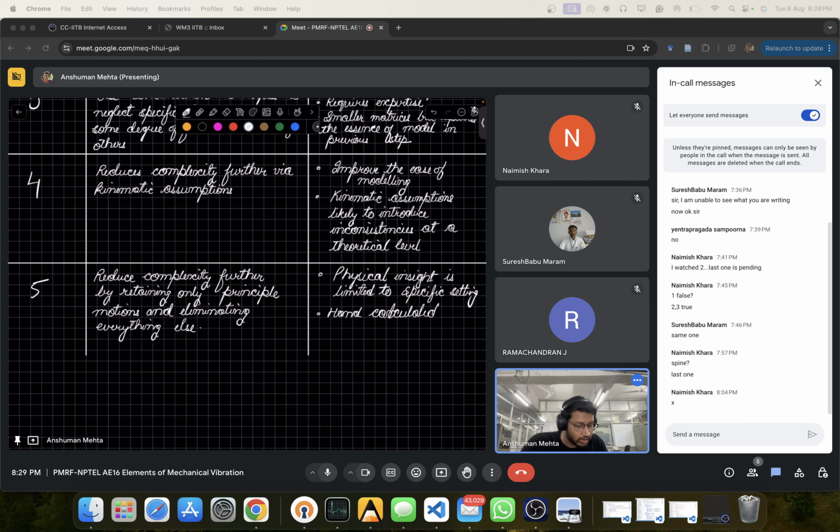For example, you are taking one whole building as 1 degree of freedom. So whenever we are creating abstraction, we have some questions to be answered.